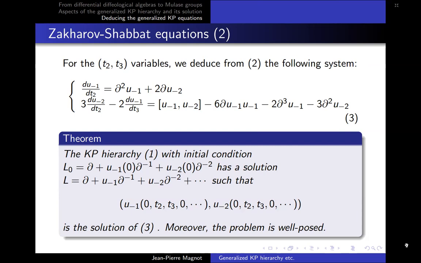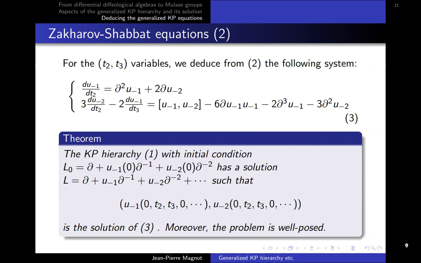In this general case, you see that we have some terms that are not present in the classical case. But what we can first state is that the KP hierarchy produces the solution of 3.